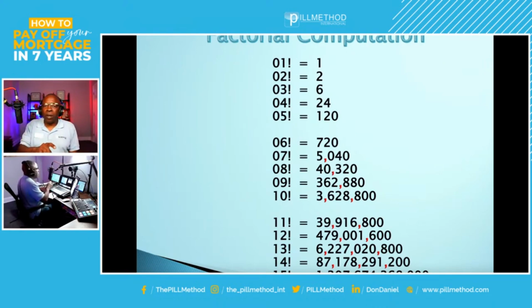I need them in every possible configuration where each book is in each place, meaning the number 10 book can go in the number 1 place, and the number 1 book can go in the number 10 place. That's a configuration. Then we can have the number 10 and the number 1, and then the number 5 and the number 8 in its place.